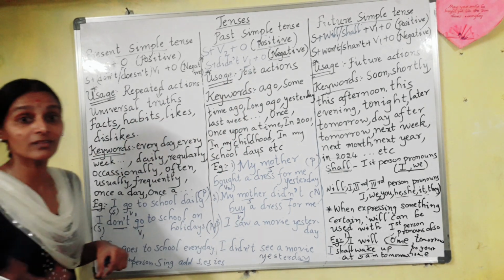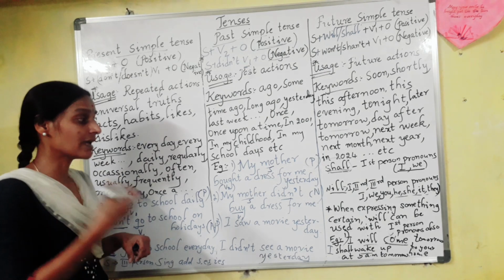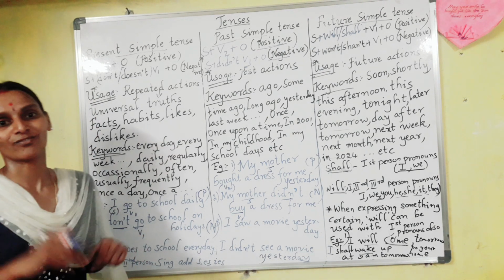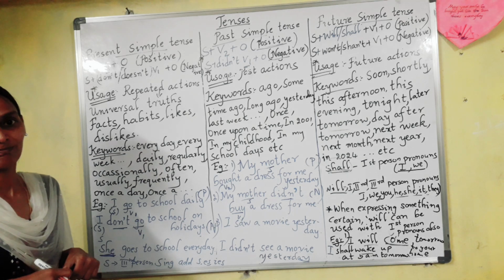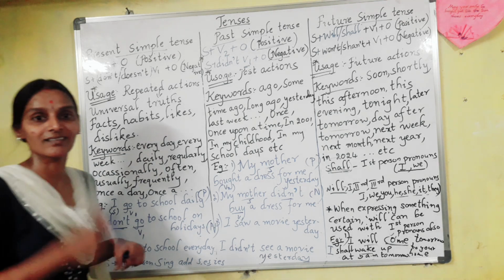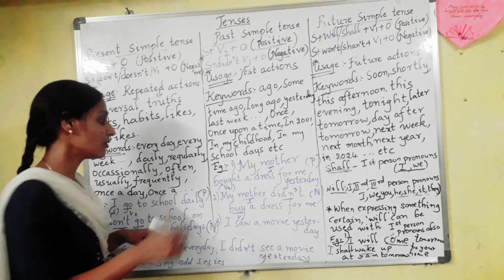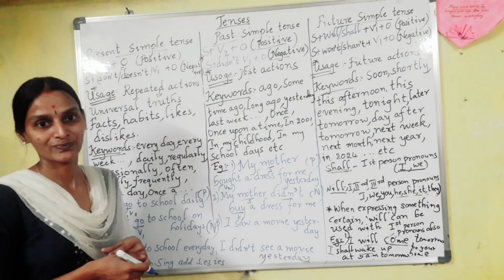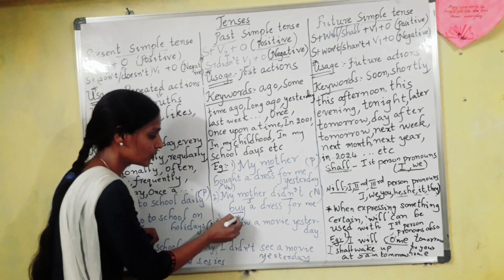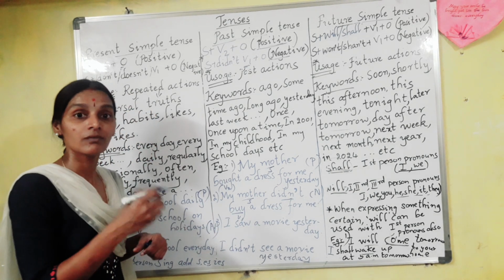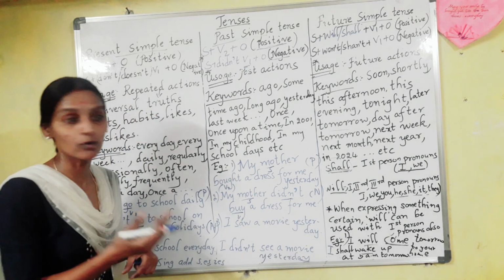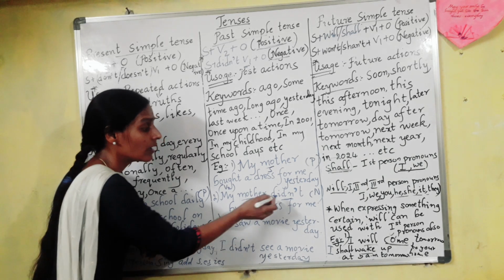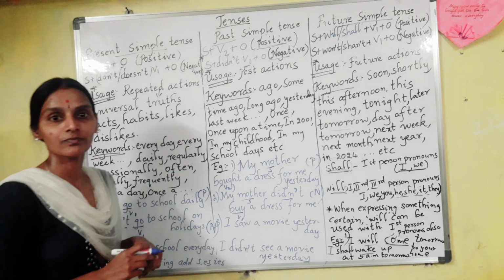But many of us will tend to say, my mother didn't bought a dress for me. Many of us make mistakes in this. So my mother didn't buy a dress for me, not bought. Here we are going to use V1, not V2, not the past form. We are going to use the present form after didn't.